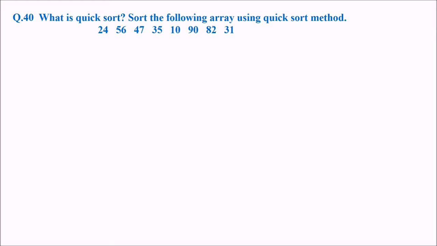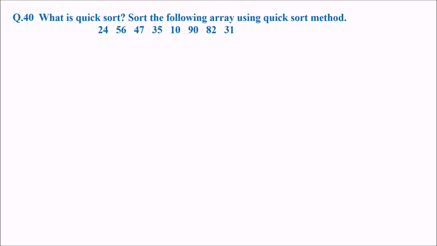What is quicksort? Sort the following array using the quicksort method. In quicksort, an important aspect is partitioning. We can do it recursively through partitioning, and quicksort uses a pivot element.